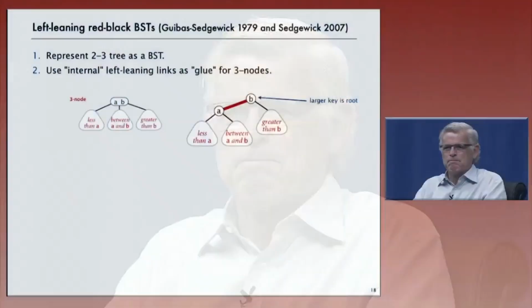And people around the world use them in implementing various different systems. But just a few years ago, for this course, I found a much simpler implementation of red-black trees. And this is just a case study showing that there are simple algorithms still out there waiting to be discovered. And this is one of them that we're going to talk about.